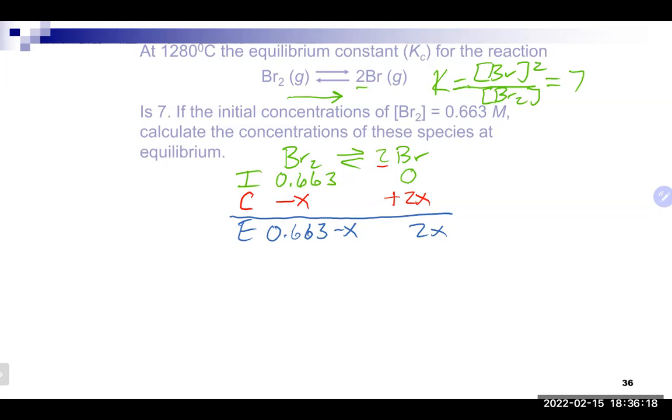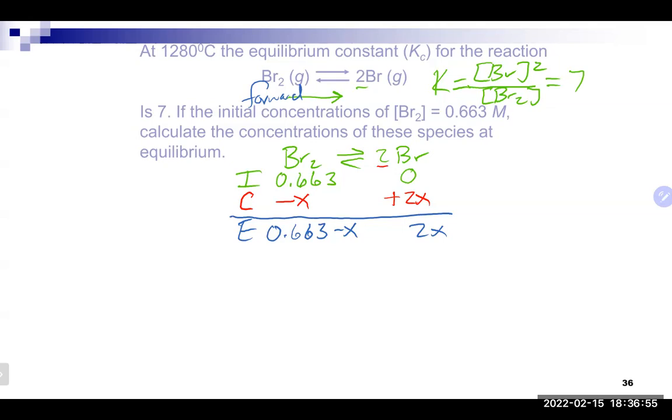Yeah, so the idea here is we could safely assume, because we're not given any products, that this reaction should be going in the forward direction, which means we should be making products in this case. That means as this reaction goes through, in order to make products, you have to use reactants, which means the amount of reactants should start to go down, and the amount of products should start to increase because of the direction the reaction is happening.